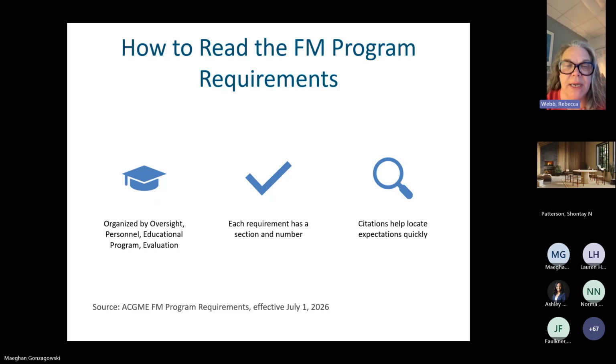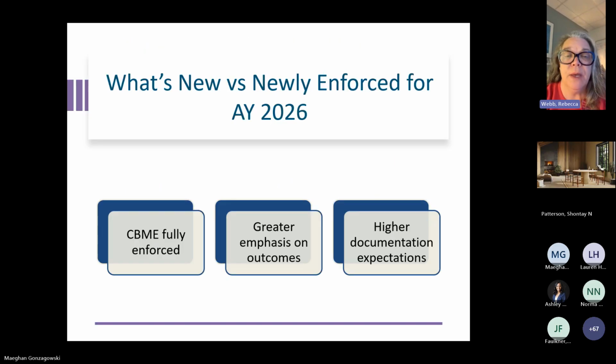So those are the topics. And then under each one of those topics are the requirements that you would need to know. Each requirement has a section and a number. And then there are citations in the program requirement document, which makes it a lot easier to help locate expectations quickly. So next slide.